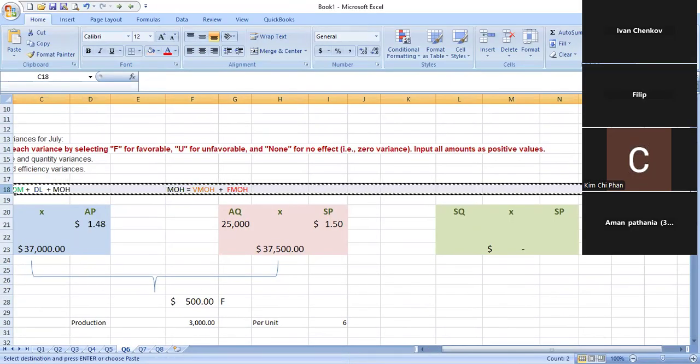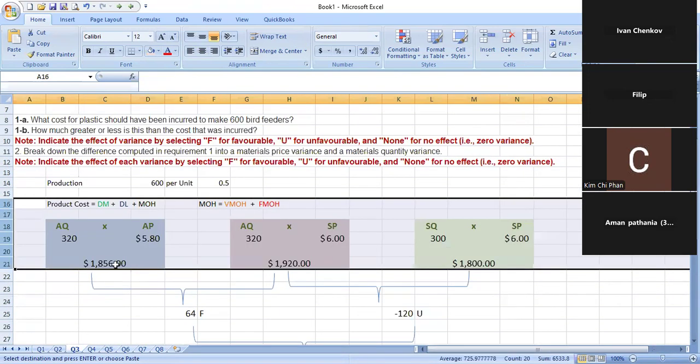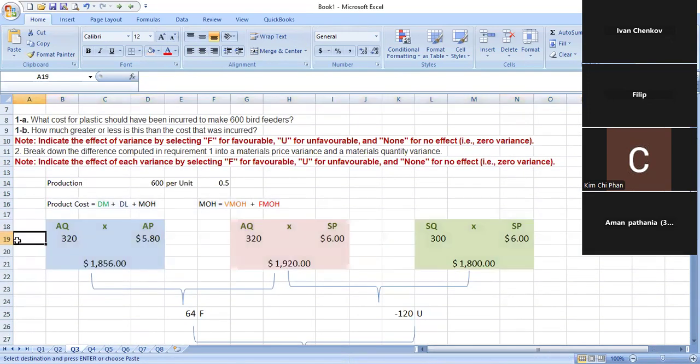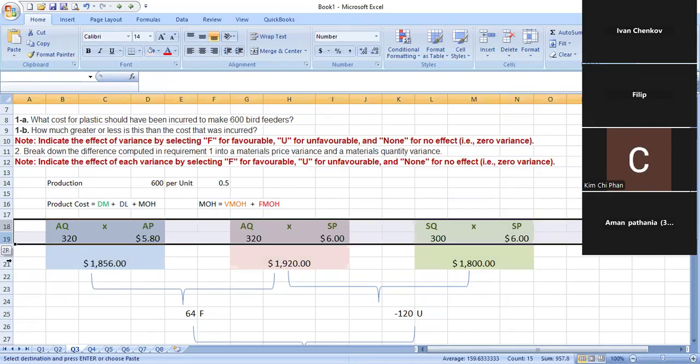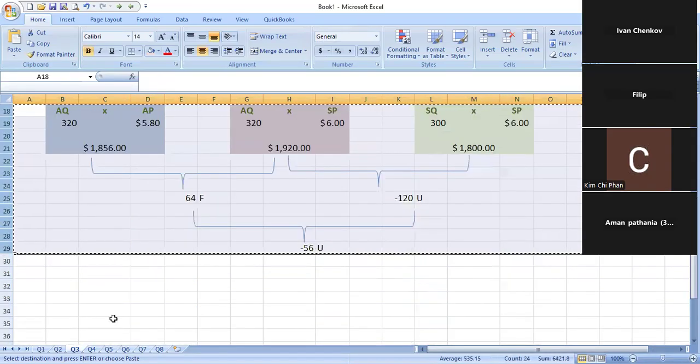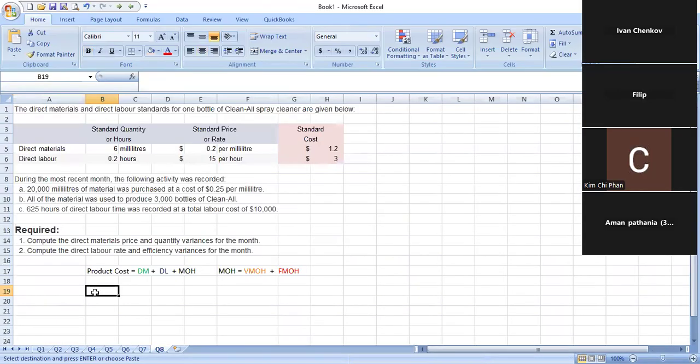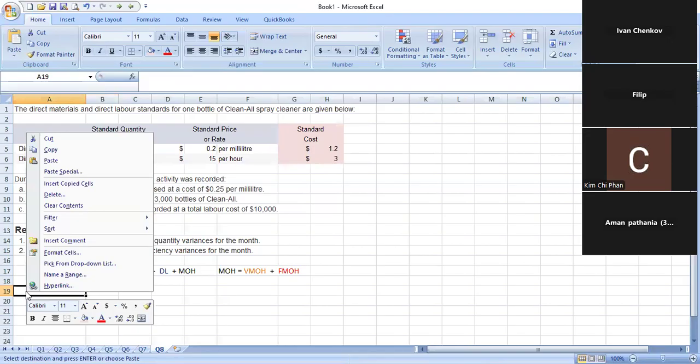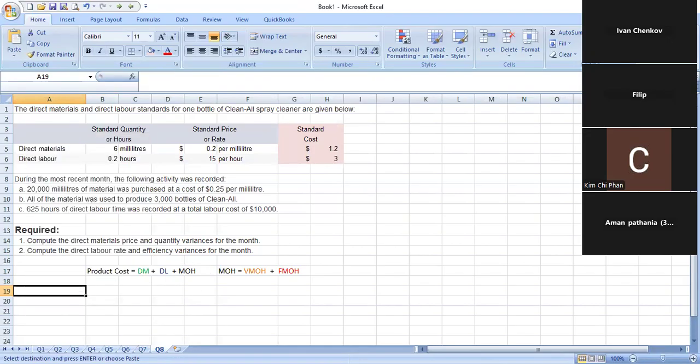I'm going to go to the direct material first, which is right here. And in this case, I don't think there's a difference between the purchase and the usage, but we'll see. If there's a difference, then I'm going to adjust it.